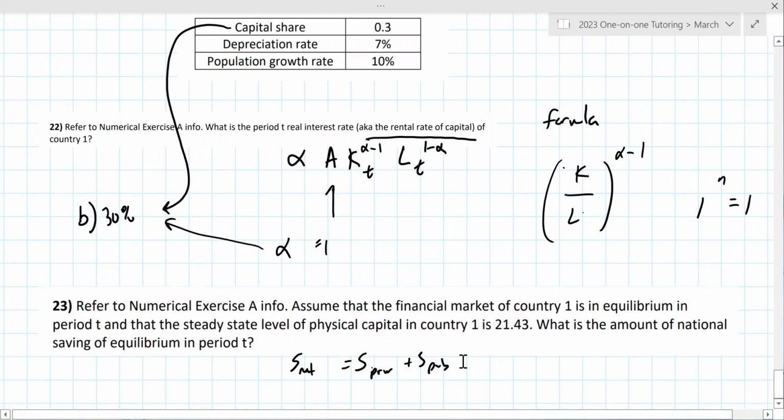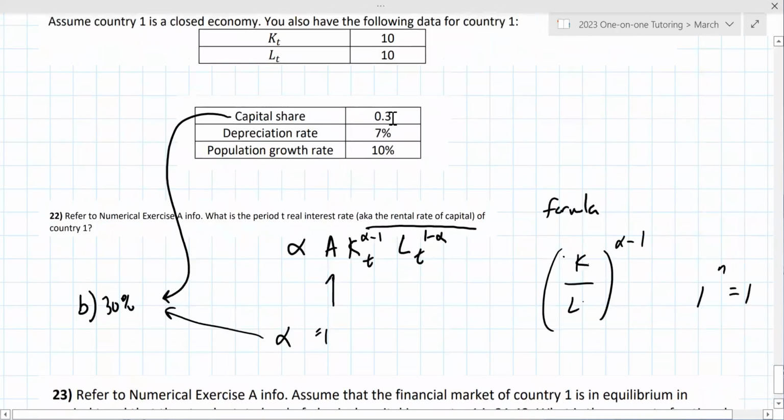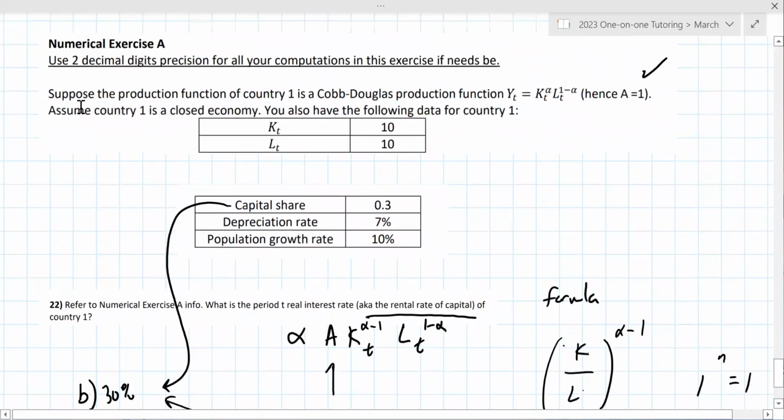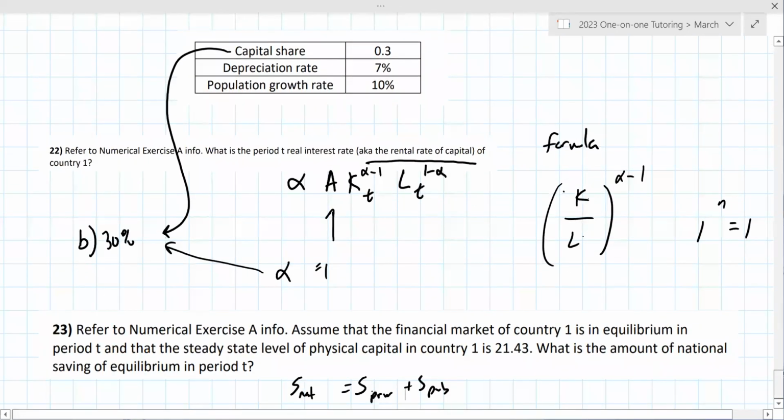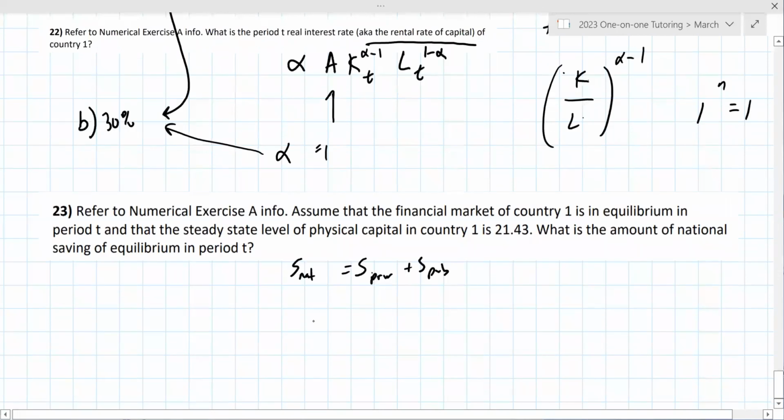Yes. But why would that help here? The physical capital in country 1 is 21.43. I'm not sure how that plays in here. And how do you get private savings from this? Well, it's physical capital. Is it the whole Y equals C plus I plus G?